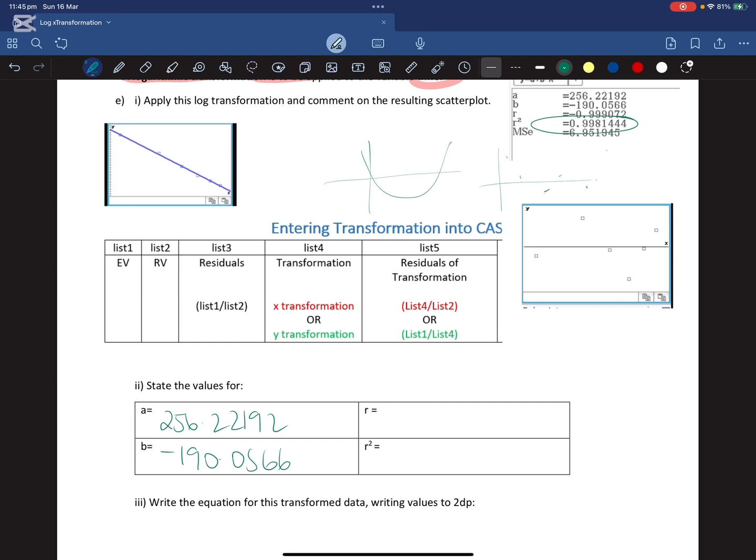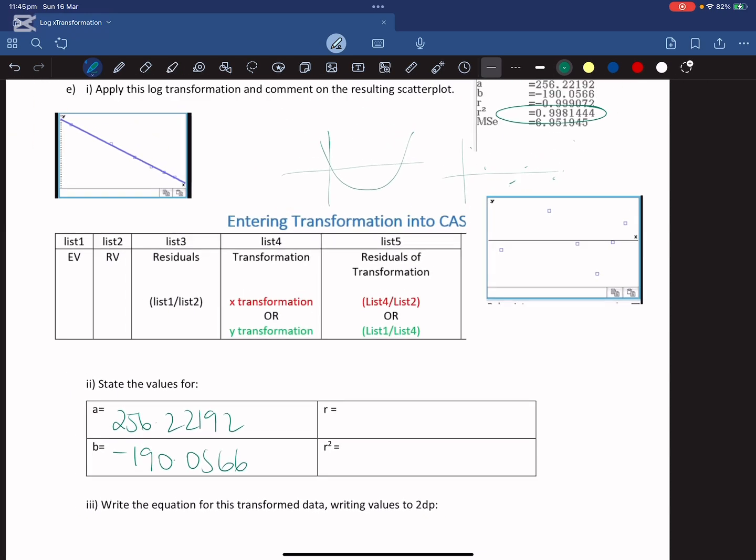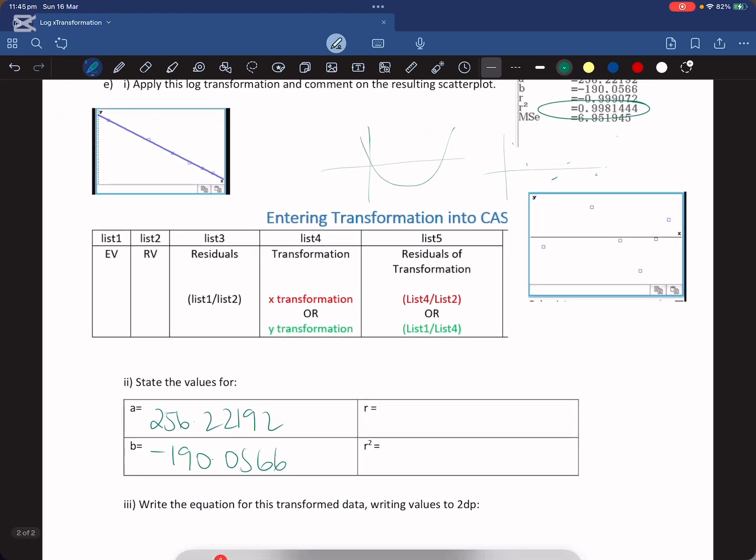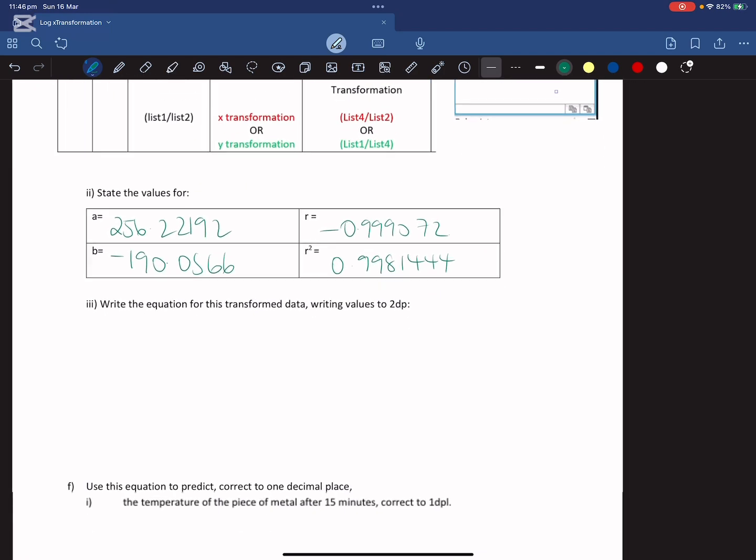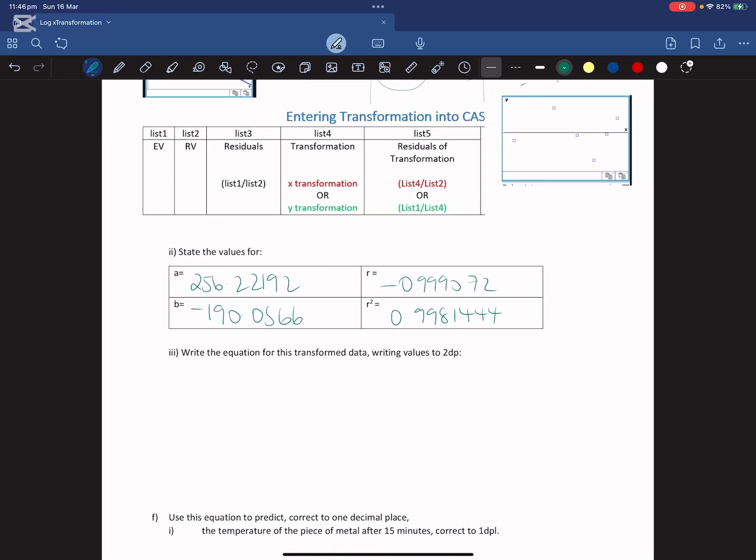That's totally fine, because when you're doing the predictions for your transformation, having the transformation in your equation will undo that anyway, if you do that properly. All right, our R is -0.999072, and our R squared is 0.9981444.